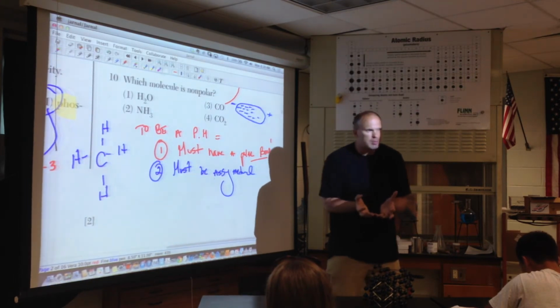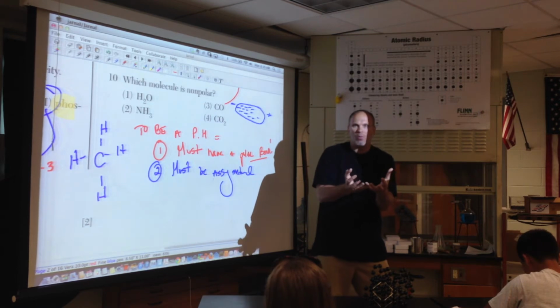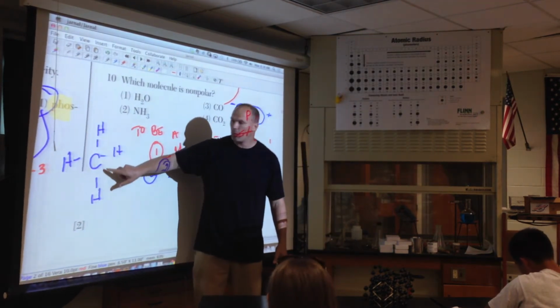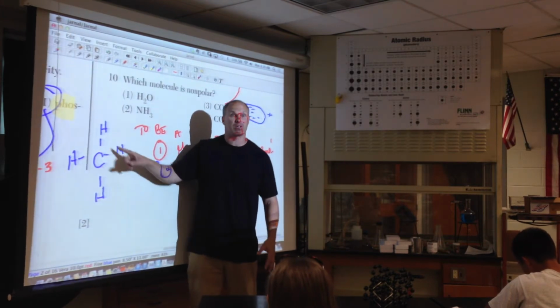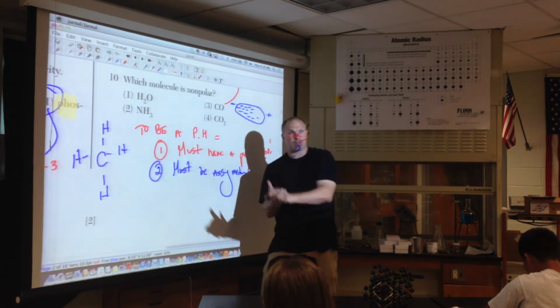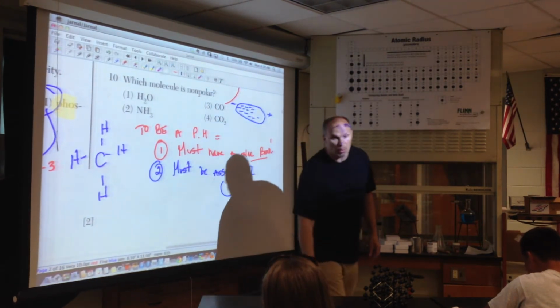Doesn't your unequalness become equal? And who has a different amount of electrons? No one does. So this is a non-polar molecule with polar bonds because it has symmetry. The symmetry made the unequalness equal in all directions. All you have to say is, hey, it's symmetrical, it is non-polar.